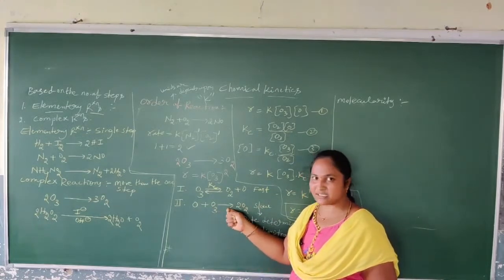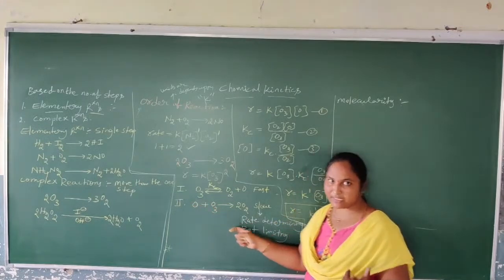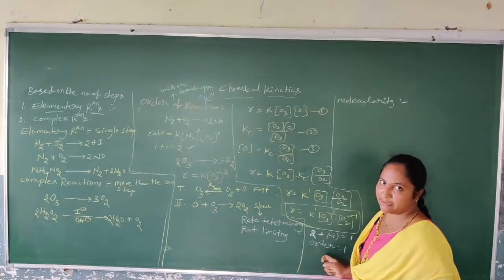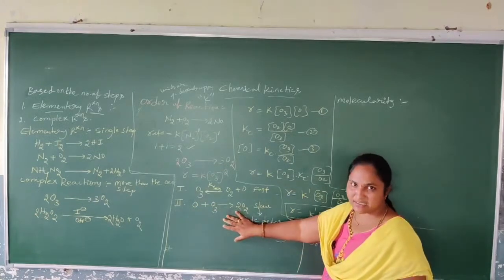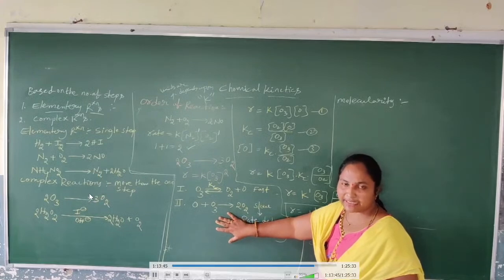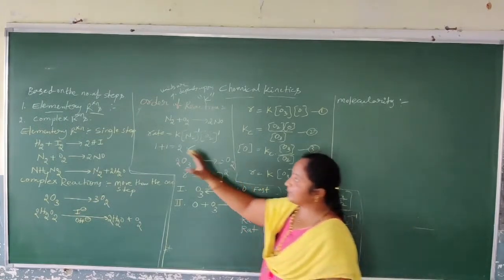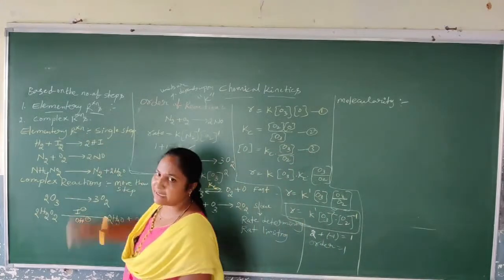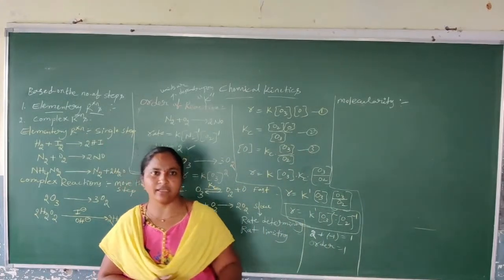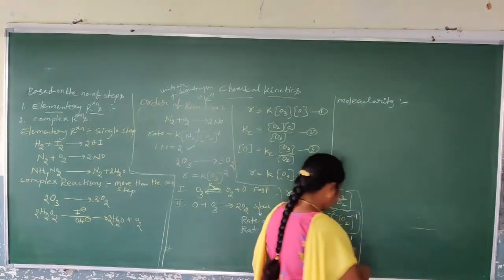So for this reaction, molecularity is 2, but order is 1. Keep in mind, for complex reactions, molecularity is not equal to the order of reaction. For elementary reactions, order is equal to the molecularity. So what is the molecularity?